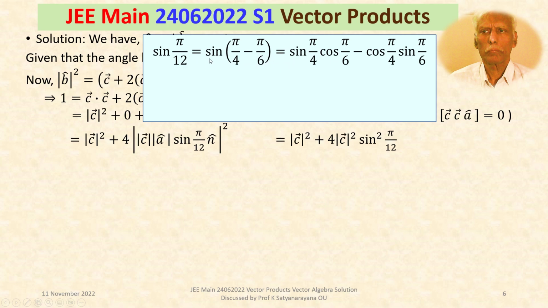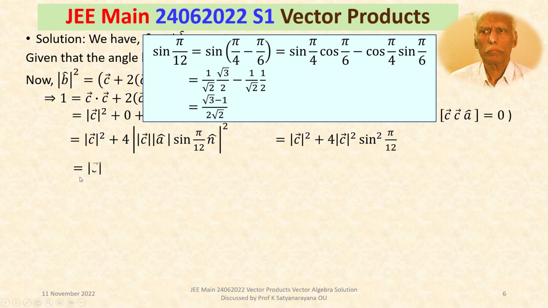So that will be equal to sine of A minus B is equal to sine A cos B minus cos A sine B. Write down sine pi by 4, 1 by root 2, cos pi by 6, root 3 by 2, minus cos pi by 4, 1 by root 2, sine pi by 6 is 1 by 2. Now the LCM is 2 root 2, and that will be root 3 minus 1 by 2 root 2. So that's this value, you put it here.